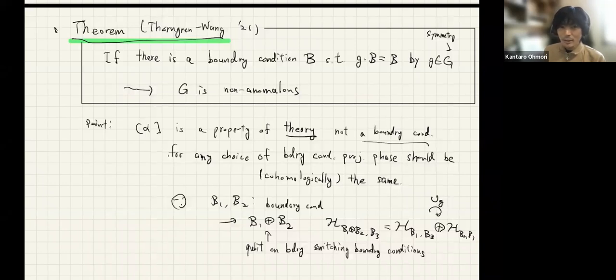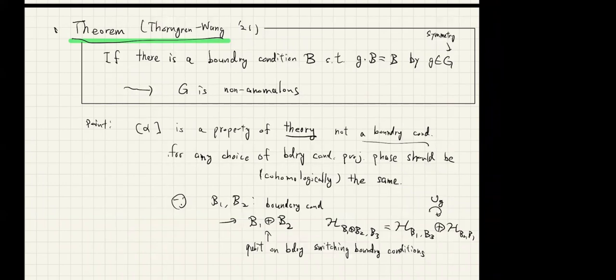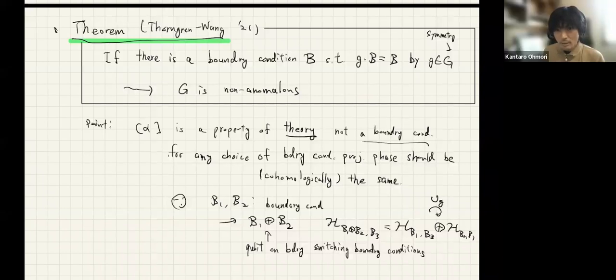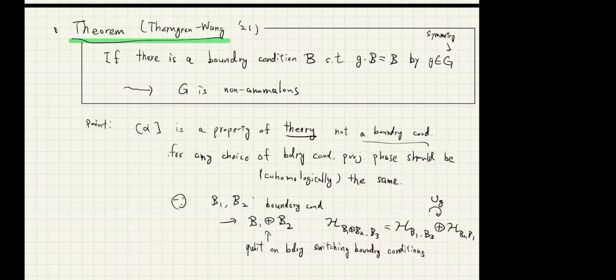What I'm suspecting is that if I turn on some background gauge field for both momentum and winding, then there is some mixed anomaly term. What I do not understand is what is the role of the boundary condition here for that kind of thing. That part I did not understand.